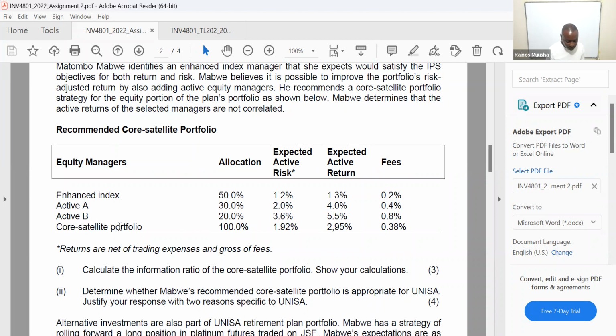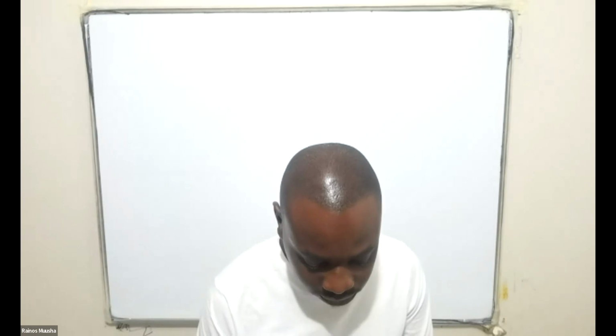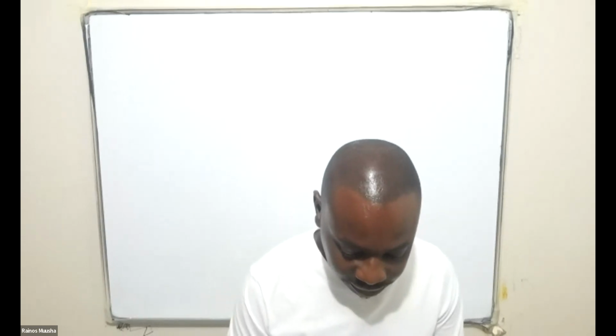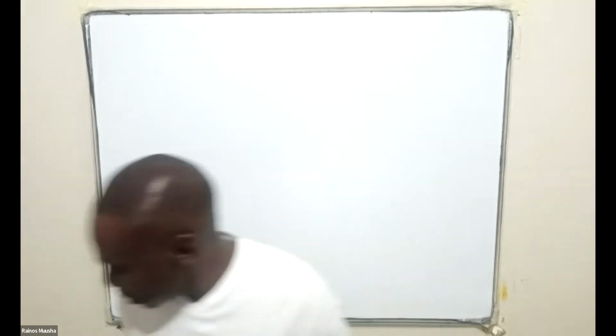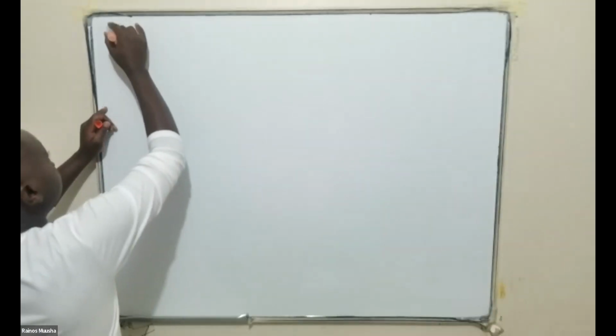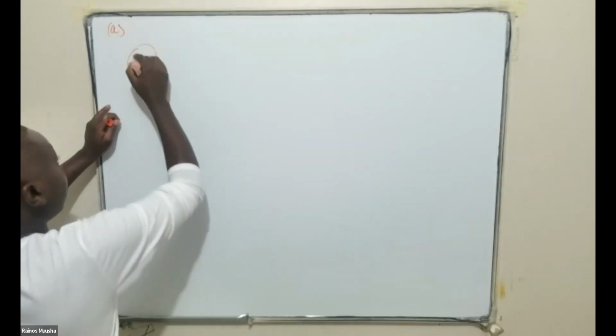So with the core satellite portfolio structure, they're basically saying that a portfolio with a core satellite structure has a core investment. So for part A, there is a core investment.